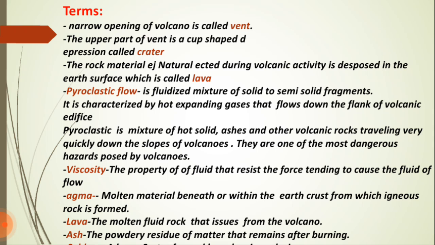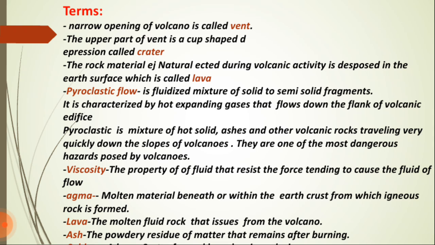It is characterized by hot expanding gases that flow down the flank of the volcanic edifice. Pyroclastic flow is a mixture of hot solid ashes and other volcanic rocks traveling very quickly down the slopes of a volcano. They are one of the most dangerous hazards posed by volcanoes.